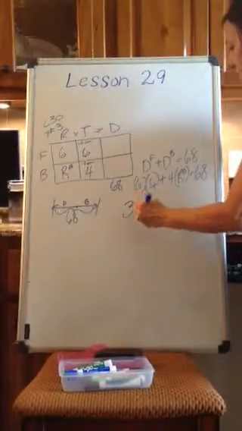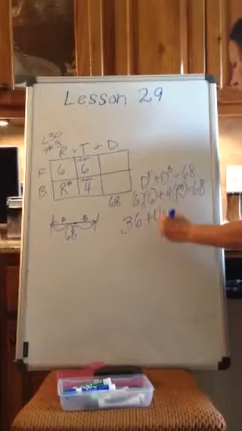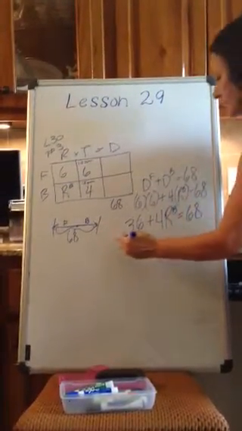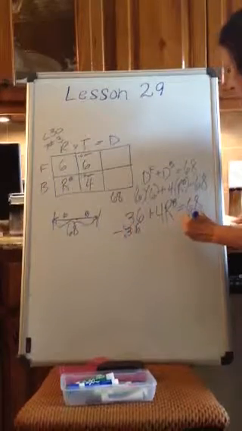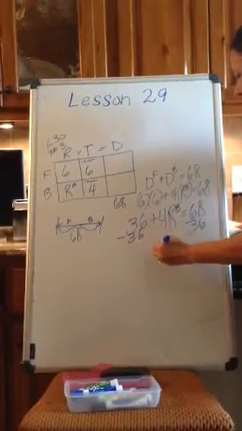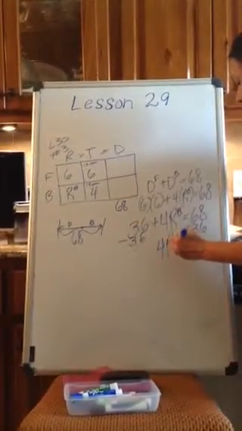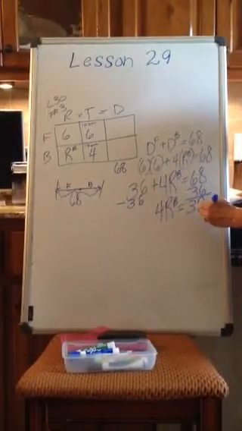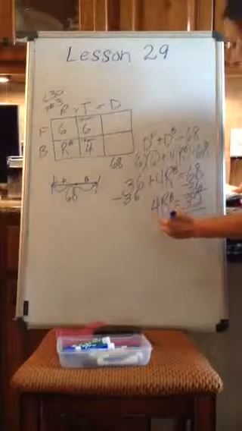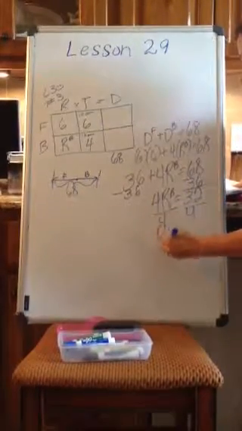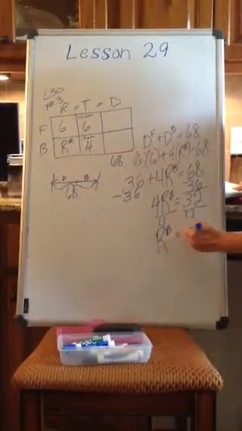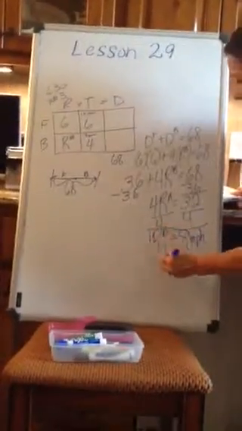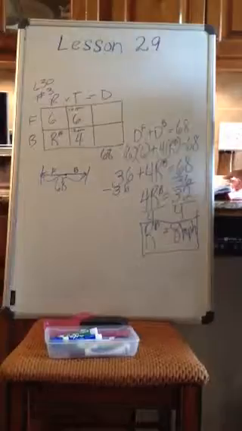So we have 36 plus 4RB equals 68. Subtract my 36 from both sides, and I have 4 times the rate of the boy equals 32. Divide by 4, and the rate of the boy is 8 miles per hour. And that is lesson 29.